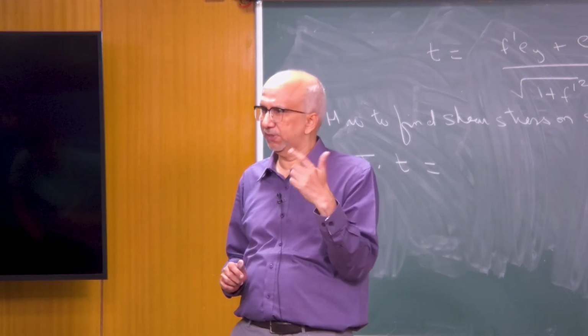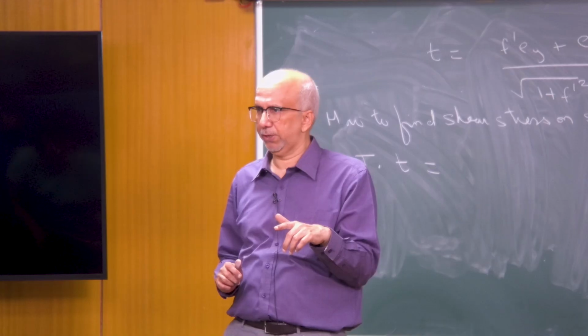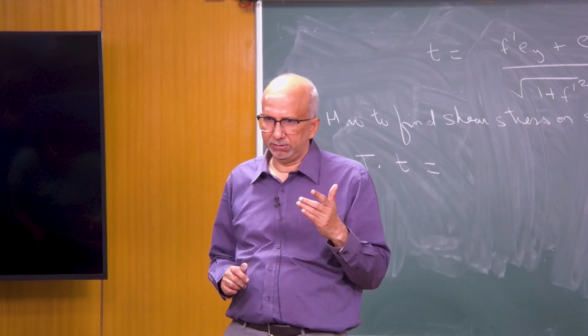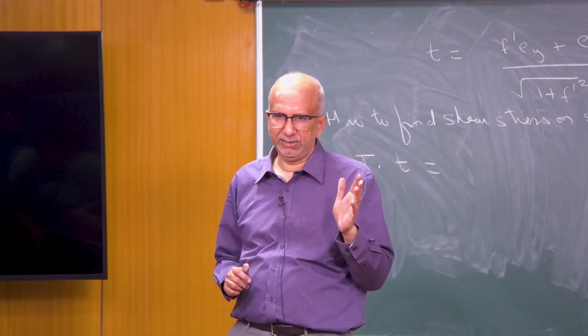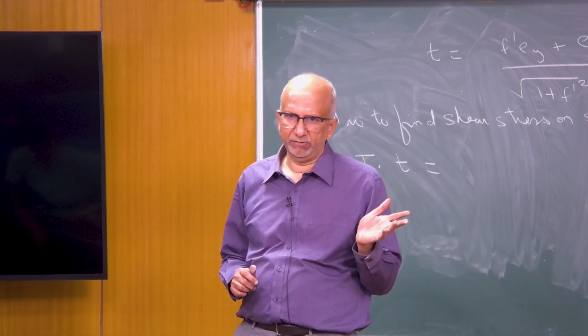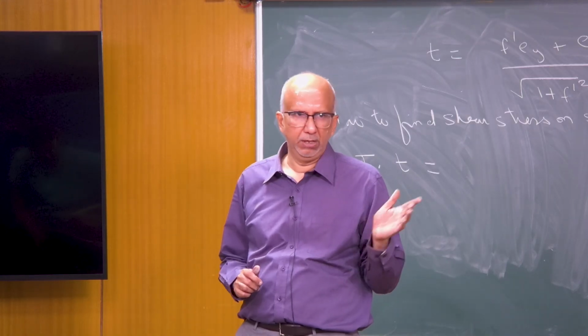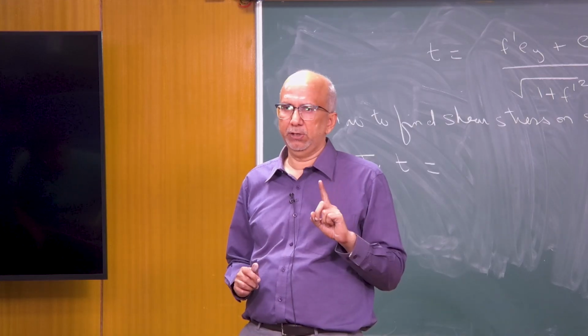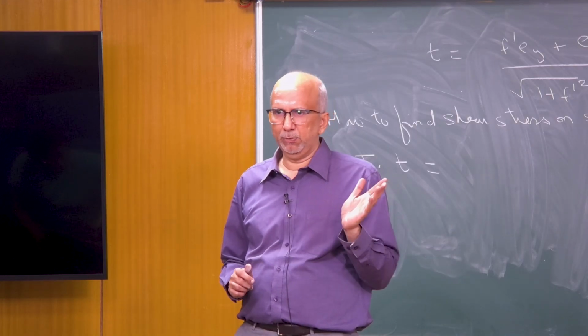So, the problem is essentially 2-dimensional now, because I am neglecting all changes in the z direction. Nothing is changing in the z direction, so why waste our time talking about z? Only x and y is of interest to us.